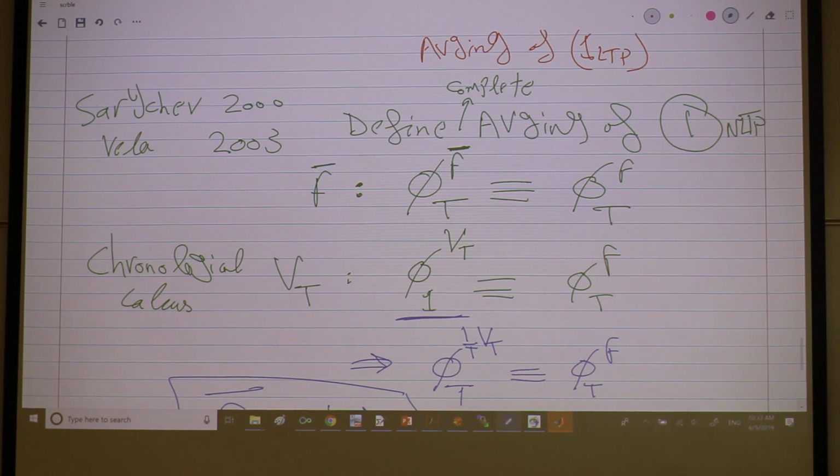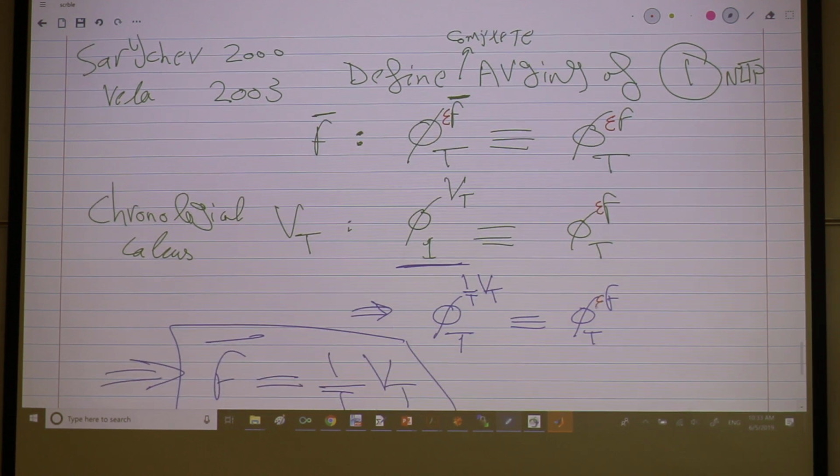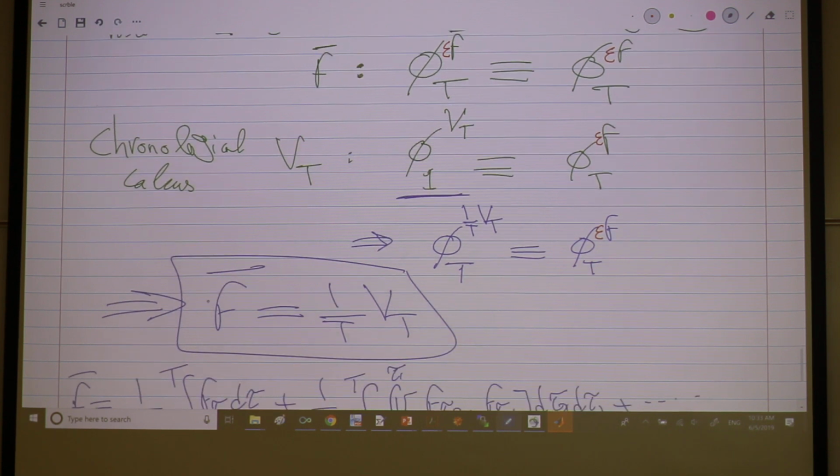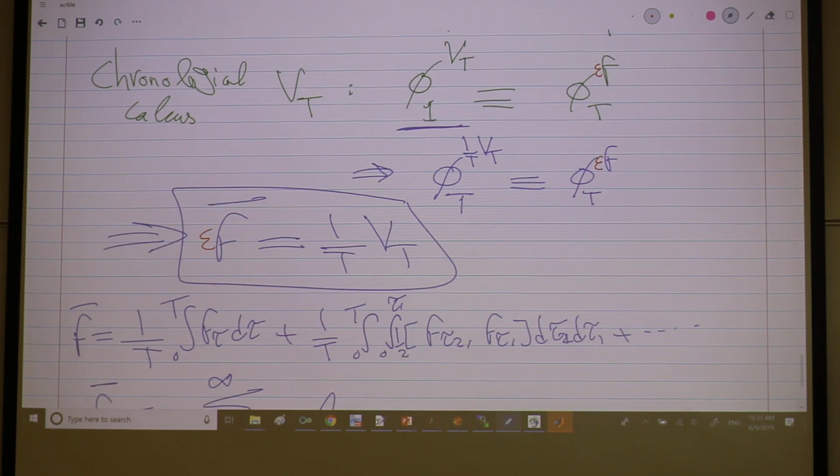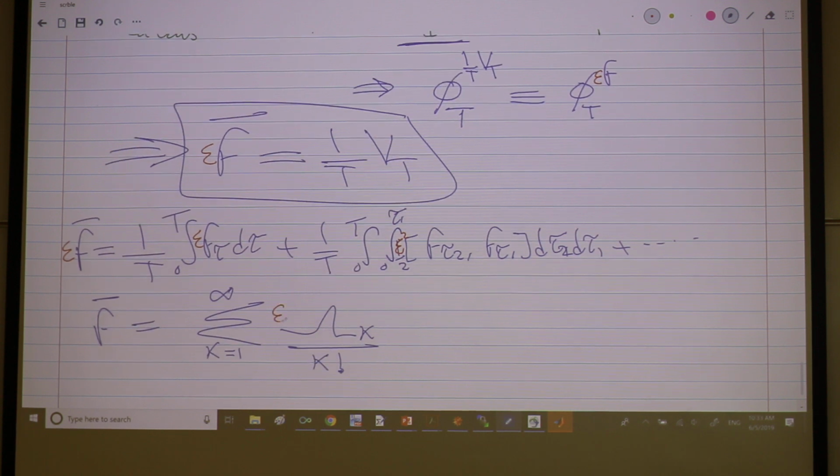But when we put it in the canonical form of averaging, we have epsilon in front of everything. So here is epsilon, epsilon, you get epsilon squared, and so we have epsilon to the k. So here is why, if we truncate, we'll get better results.